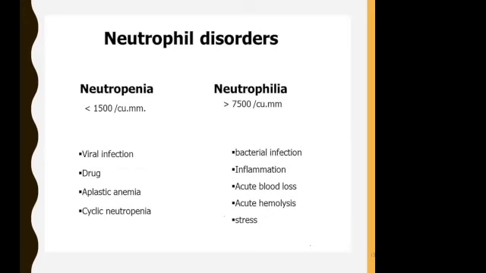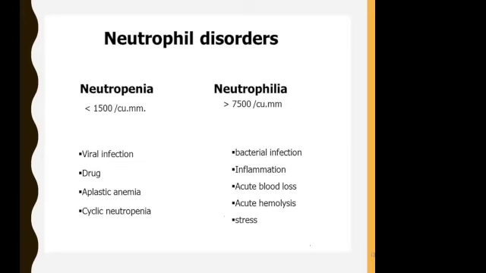You can see it in chemotherapy. Whenever we give patients cancer treatments such as chemotherapy, that can result in a temporary decrease in the neutrophil count. Neutropenia can also be caused by bone marrow disorders, because whatever affects the bone marrow's ability to produce white blood cells, such as aplastic anemia, is going to affect the number of neutrophils.